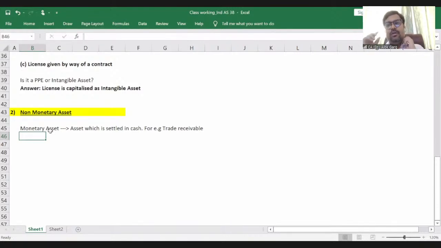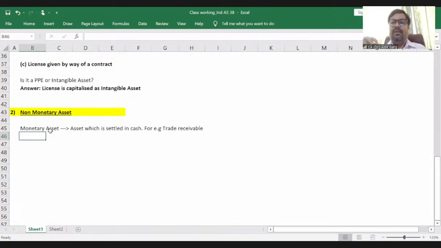So the price is determined and you are aware that you have to receive 20,000 rupees from a customer. For example, the inventory was of a value of 50,000 rupees, but the customer has negotiated, and you are ready to sell this inventory at a price of 30,000 rupees.